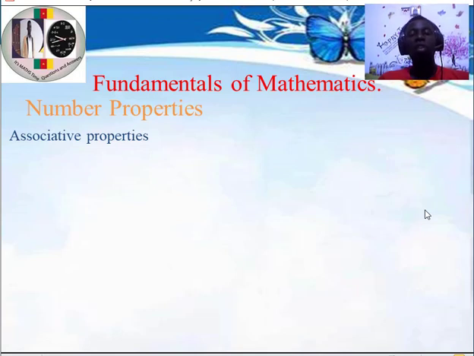So for us to consider associativity, again, we are going to look at an example. Let's take three numbers, for example: 5, 7, and 3. Let's add them. There are several ways in which to perform this addition. Some people might decide to add 5 plus 7, take the result and add it to 3. Some may decide to add 7 plus 3, take the result and add it to 5.